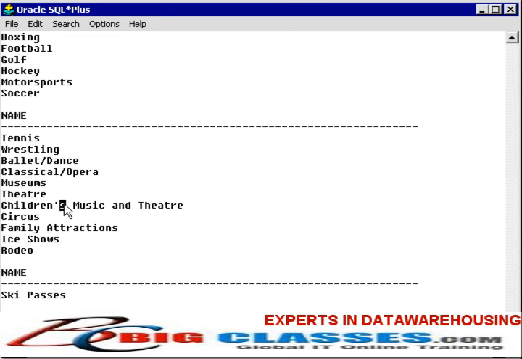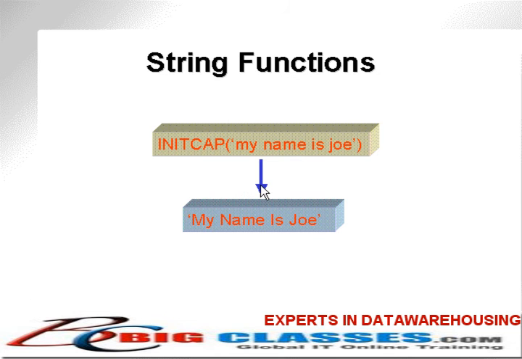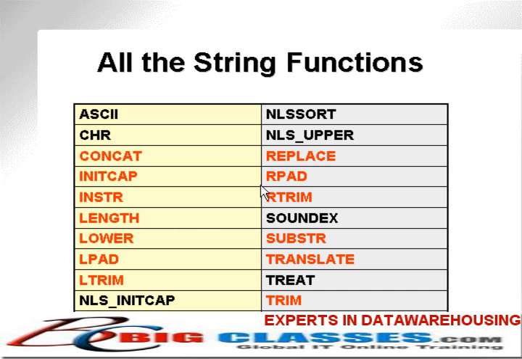It changed the S after the apostrophe because it assumes that the S is actually a word by itself. That can probably be avoided by using escape sequences and escape characters on the quote character, because Oracle actually uses a quote as a language interpretation command as a string delimiter. So, string functions. Here are all the string functions currently available in Oracle.